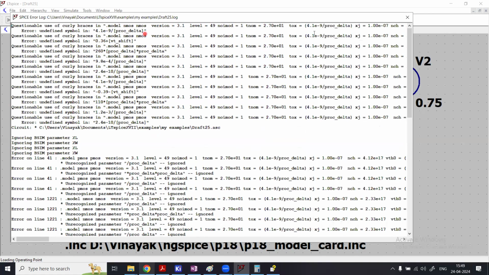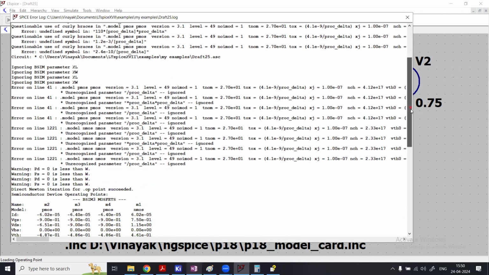So here we see now there is this error coming here which says undefined symbol 4.1 prog delta, something like that. So where is that? We can read that model file again and do that, or we'll just remove that because it says ignoring bsim parameter, ignoring bsim and all those things, that's not a concern.